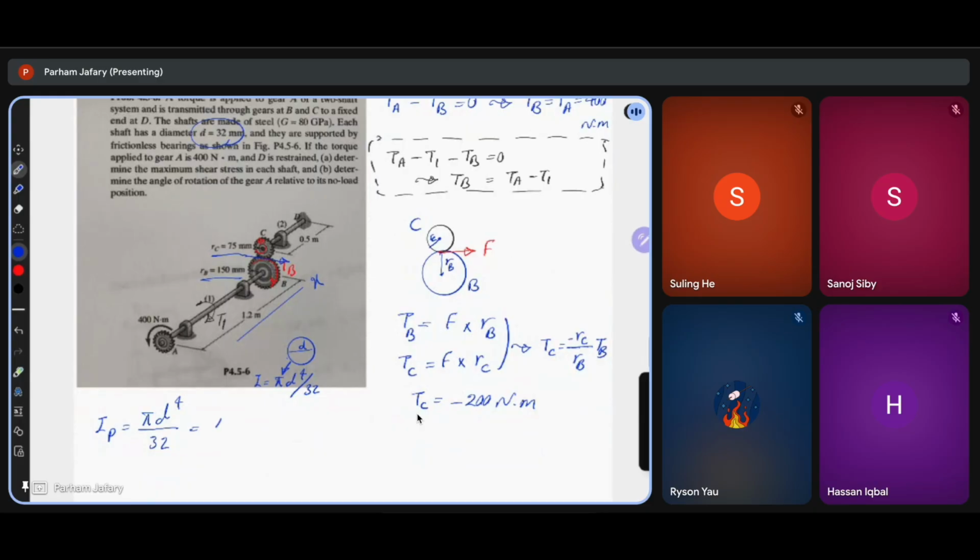So substituting π times 0.032 to the power of 4 divided by 32 gives us 1.0294 times 10 to the power of minus 7 meter to the power of 4.